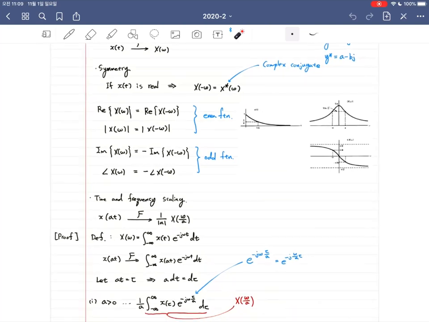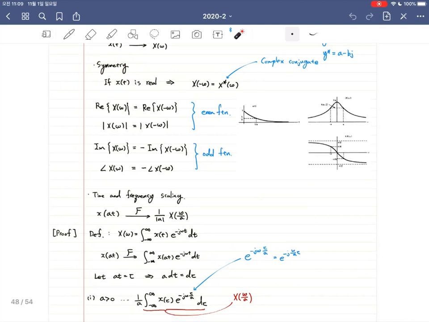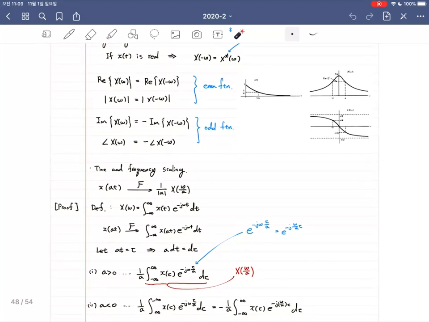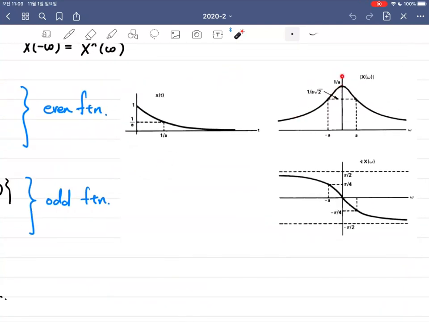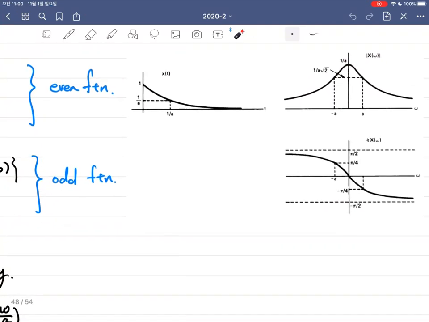So we have observed that they have a symmetry property where the magnitude is an even function. It's symmetric in terms of the y-axis, and the phase function is an odd function, which is symmetric with respect to the origin.